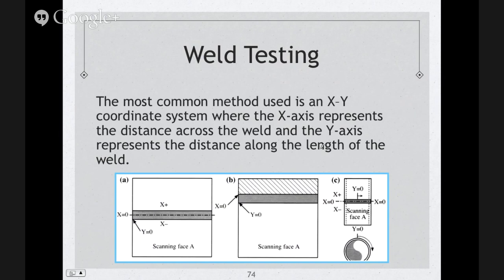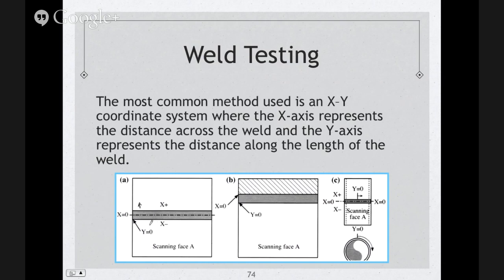The most common method used is the X and Y coordinate, where the x-axis represents the distance across the weld, and the y-axis represents the distance along the length. So the middle here would be x0, and as you start going in positive numbers, that means from the x toward the top.